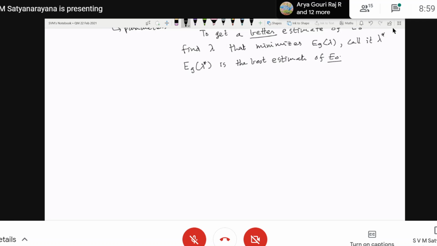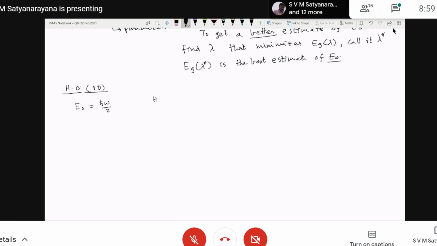So I think first we can try a simple problem, something for which we know the exact ground state. Let's look at the one-dimensional harmonic oscillator. You know the ground state energy E0 is equal to h cross omega by 2.